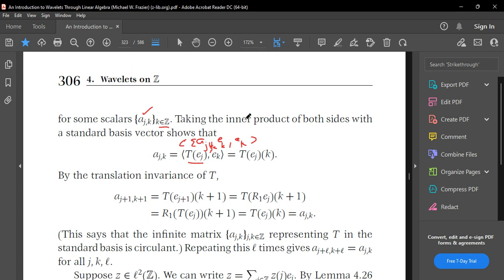By the earlier exercise 4.2.5, the answer is the coefficient at index k.